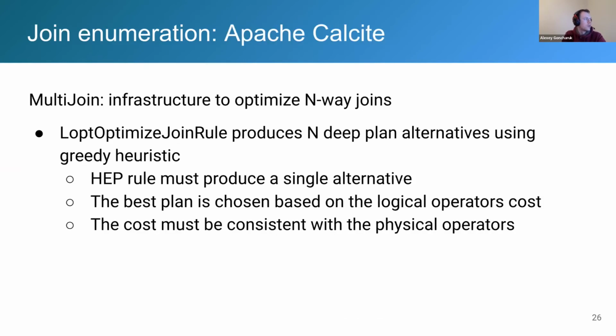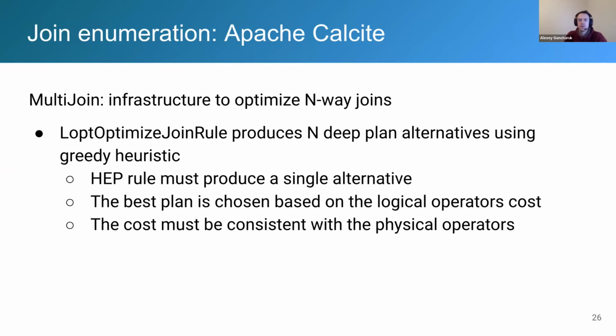One thing to note here is that the multi-join is a logical operator, but at the same time it produces n alternatives. If you use this rule, it is important that the cost of the logical operators that you use be aligned with the physical cost that you use in subsequent optimizations.